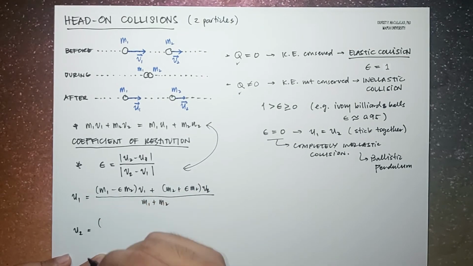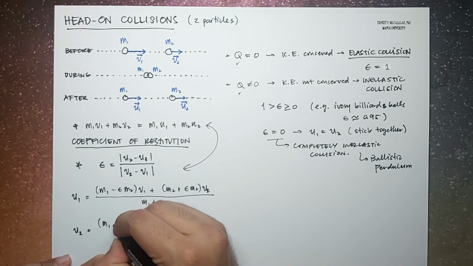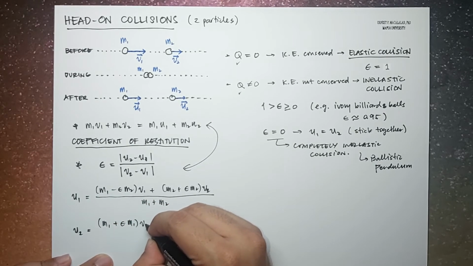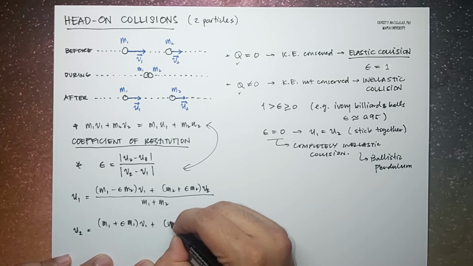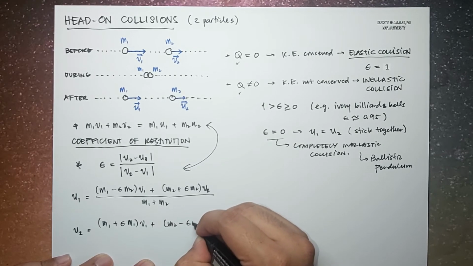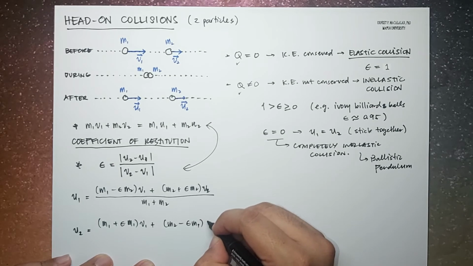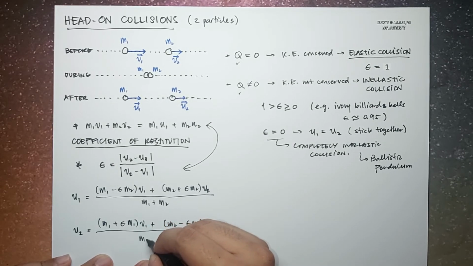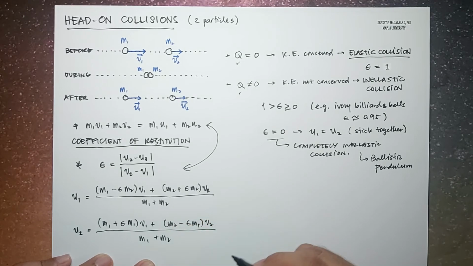On the other hand, u2 will be equal to m1 plus epsilon m1 v1 plus m2 minus epsilon m1 v2, divided by m1 plus m2.